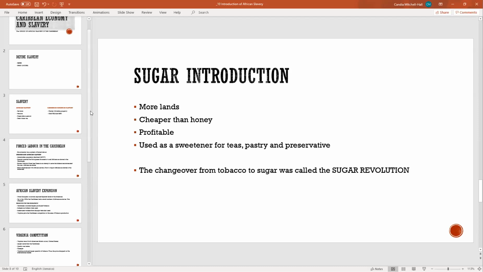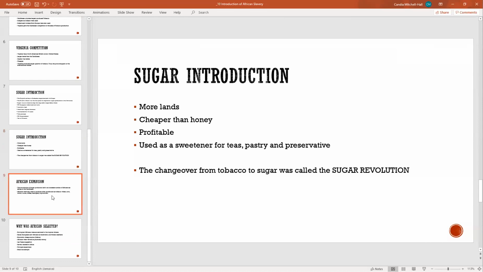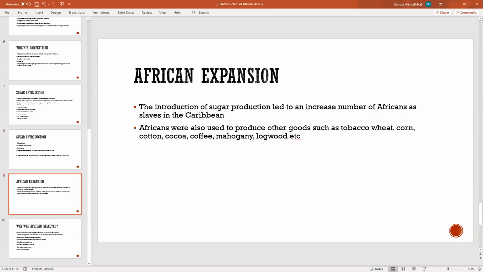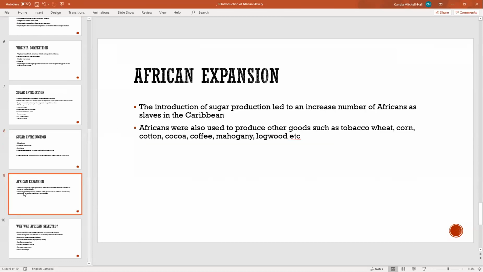All right, so here, ladies, we see that there is a change over from tobacco to sugar, which is called the sugar revolution.